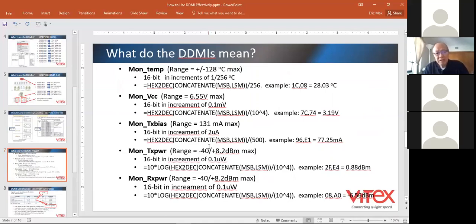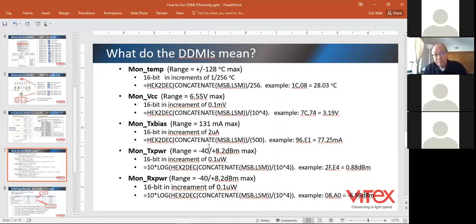And I put in the Excel equation just for your convenience with 2 cells, the first byte and the second byte. You can do the same thing. For instance, the example would be for temperature, for 1C08, if you use the equation like that, it will translate to 28.03 degrees C, right? So vice versa, all the way for those 5 DDMIs.